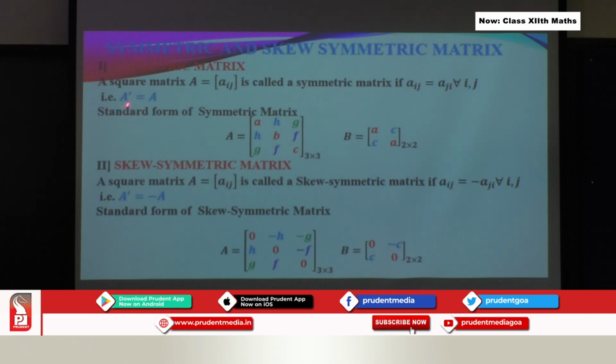So you need to just remember these two things. A symmetric matrix satisfies this condition, the transpose is equal to the original matrix. And a skew symmetric matrix satisfies this condition, that is A transpose is the negative of your original matrix.